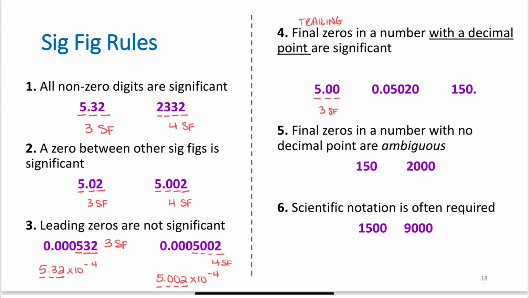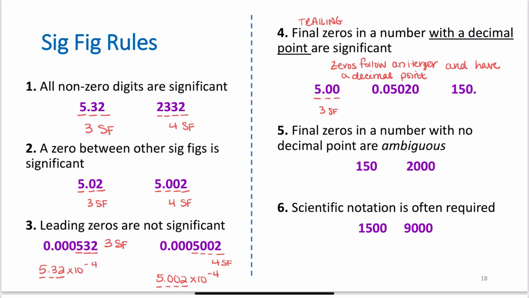The trick here is the zeros follow an integer and have a decimal place. The zeros on this 5.00 are following an integer.